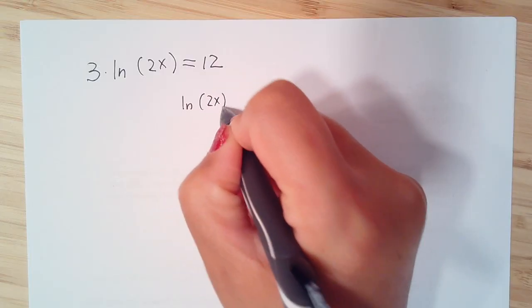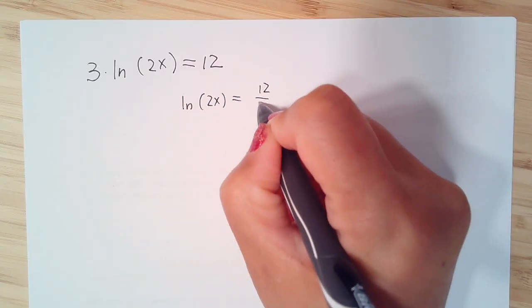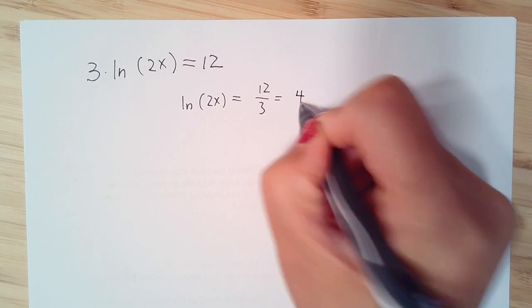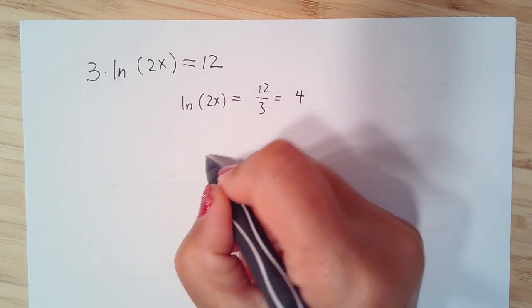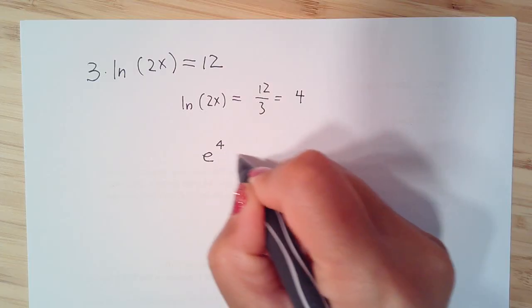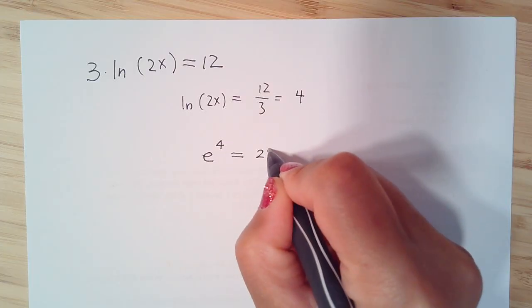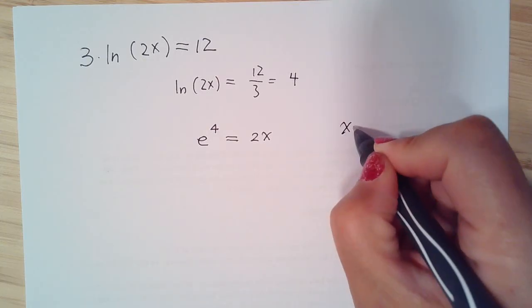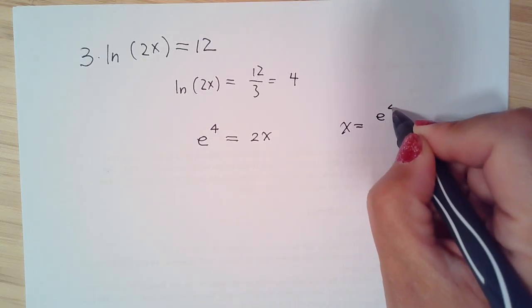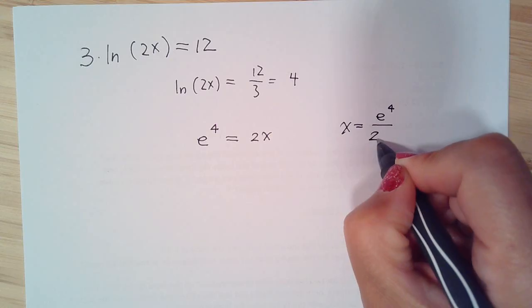So we get ln 2x will be 12 over 3, and that is 4. All right, now we're going to rewrite this in the exponential form, which is e to the 4th equals 2x. You agree? And then we divide by 2. So my solution is e to the 4th over 2.